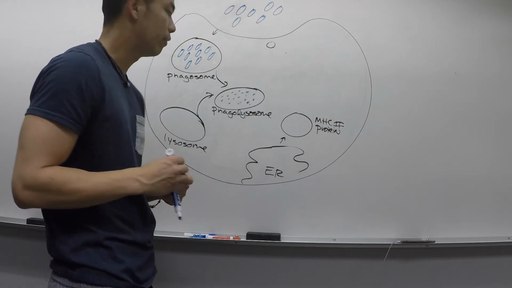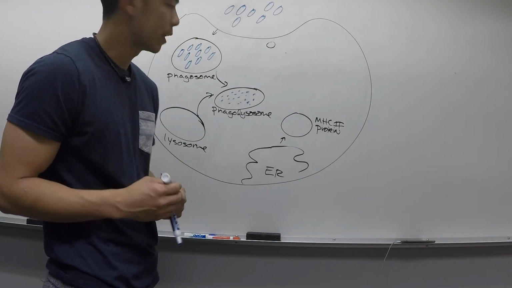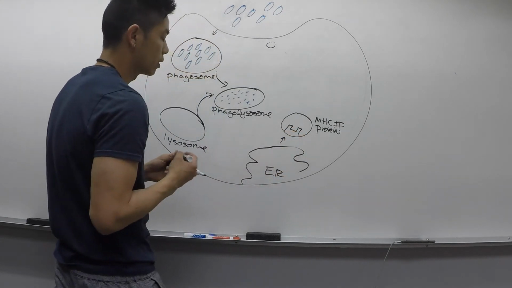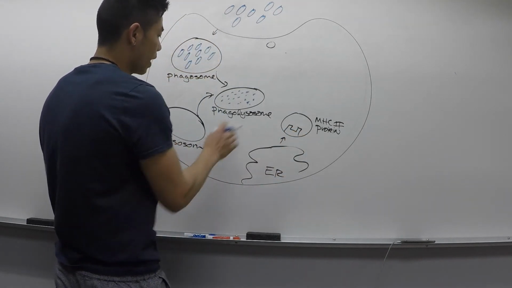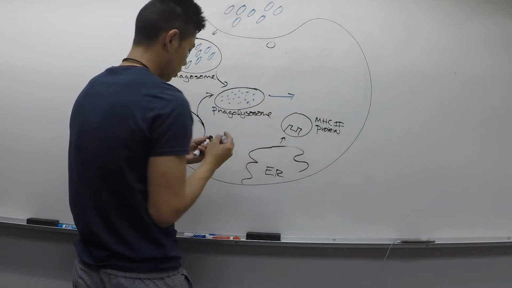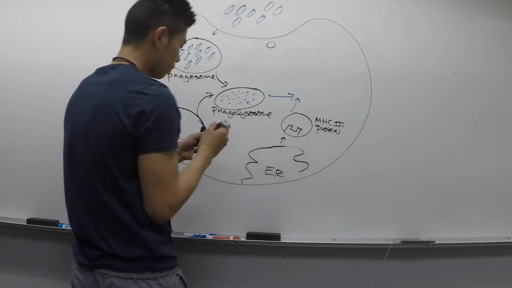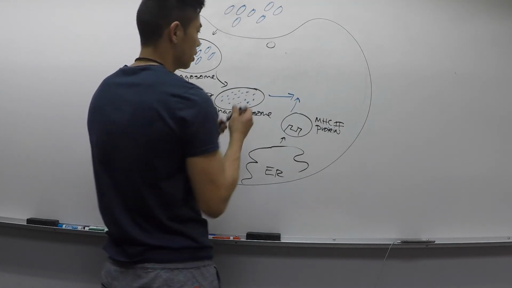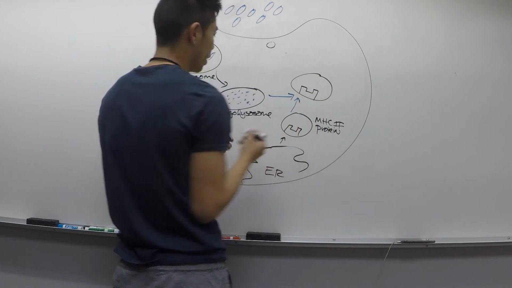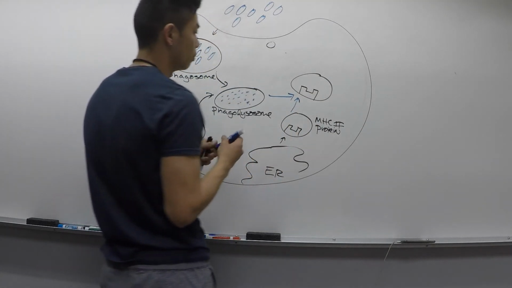This protein is very important, and you'll see how in just a sec. I forgot to draw it. So there it is. Now our phagolysosome and our MHC2 protein are going to combine together, and they're going to load this MHC2 protein with our peptide or epitope.